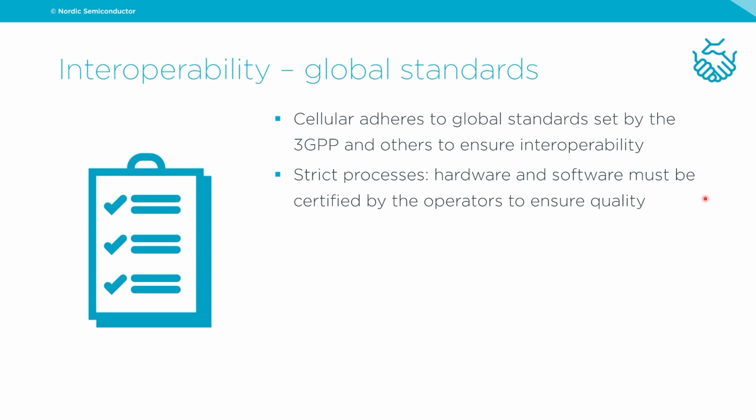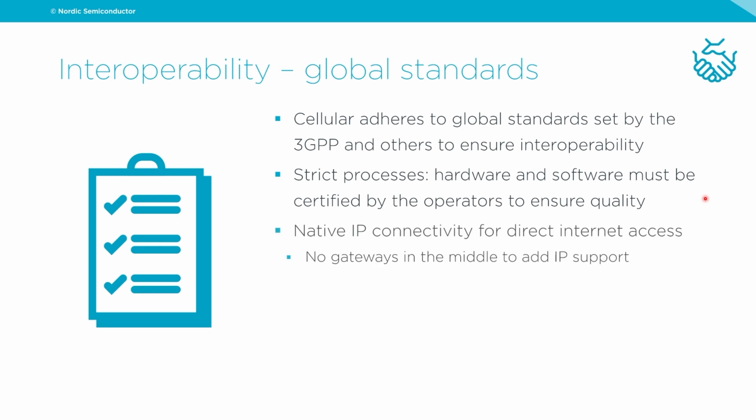Vendors like Nordic, we have our hardware and software, specifically the modem firmware, which has to be certified with various operators worldwide. The goal is to ensure quality, so that when you take a solution from Nordic, it will work with various operators in various regions of the world. So that's not something that you as a customer need to be concerned with.